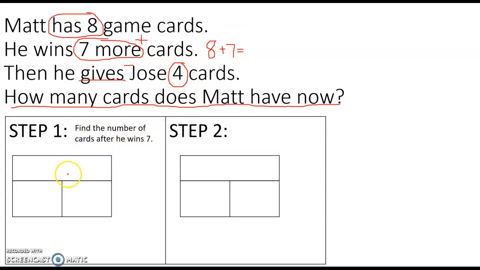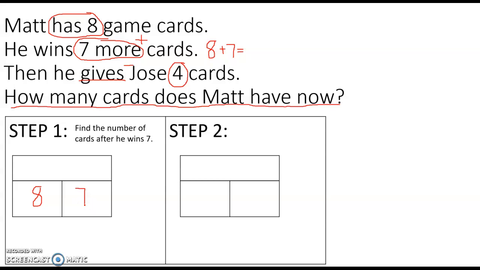Looking at this model down here, we know that the greatest number goes on top. In an addition problem, the greatest number is our sum or our answer. So we don't know that number yet. I know that my add-ins go down on the bottom, 8 and 7.